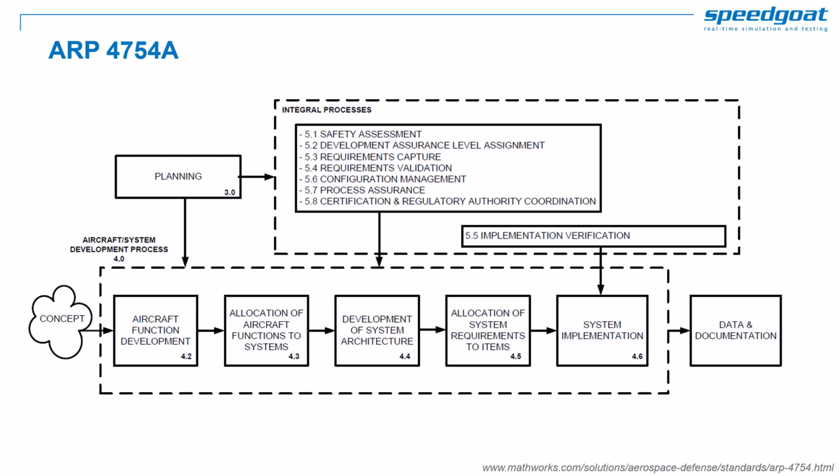ARP 4754 is widely used in the aerospace industry to provide best practices for demonstrating compliance with regulations. The development process is broken down in several stages: functional development, allocation of functions to systems, system architecture, requirements allocation and system implementation, ending with documentation.